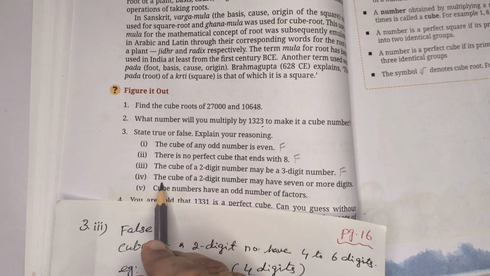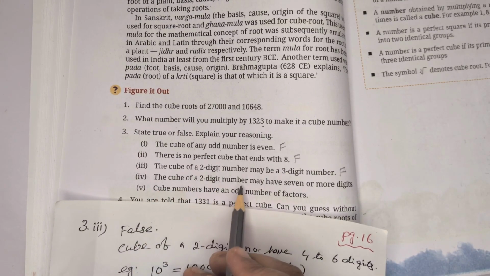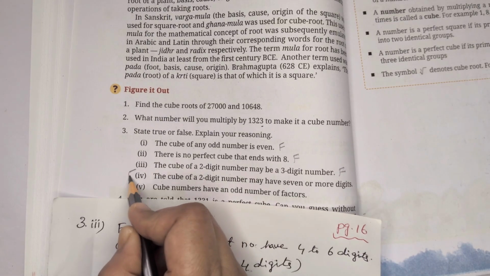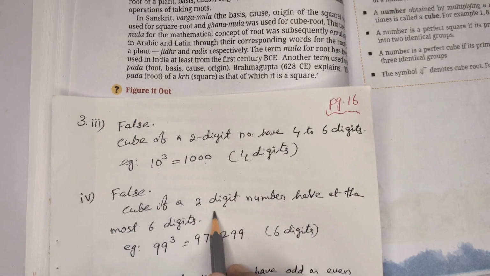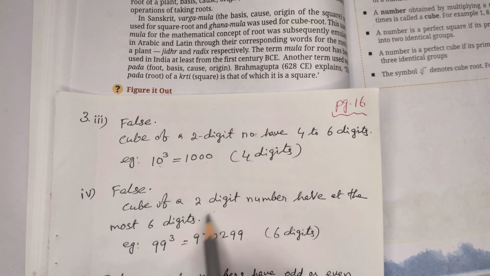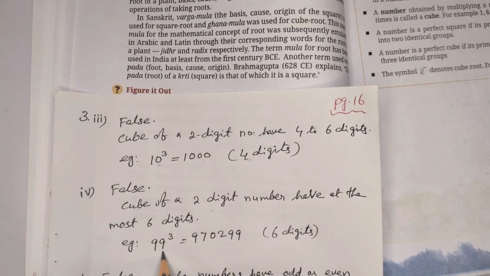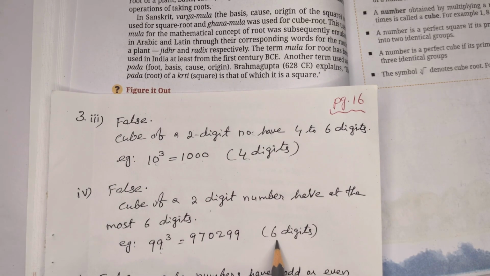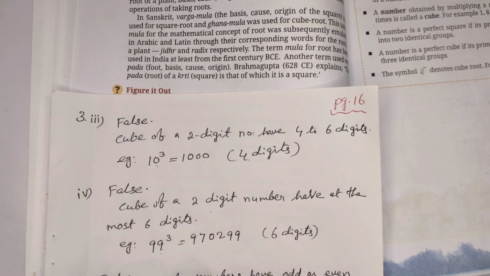Next question. The cube of a 2-digit number may have 7 or more digits. That also false. 2-digit number, the highest 2-digit number, that is 99. And cube of 99 is having only 6 digits. So it cannot come that as 7 digit.